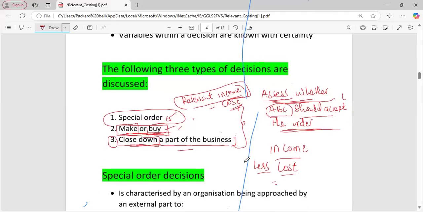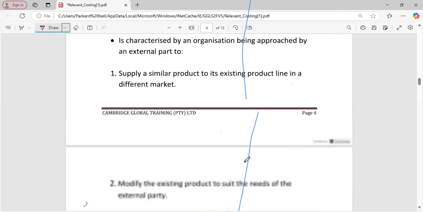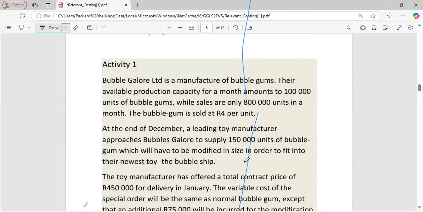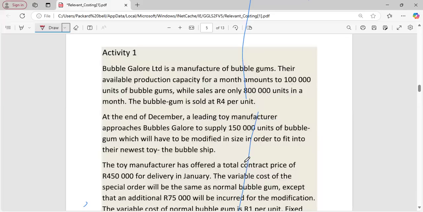Okay, so that's basically it, and I want us to look at a question here. Remember in our previous class, we were supposed to look at this question, then something came up. It says Bubble Gallo is a manufacturer of bubble gum.